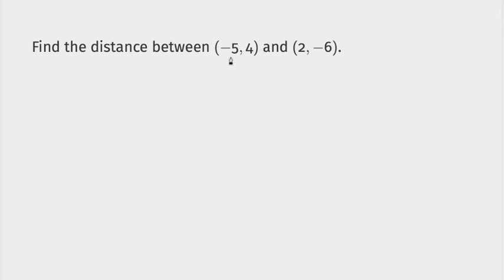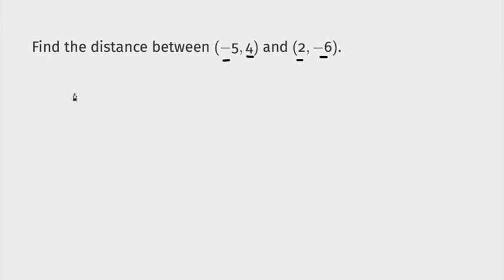We can still do this with or without the formula by considering the rise, so the difference between our y coordinates, the run, or the horizontal distance, the difference between our x coordinates, and then putting those into the Pythagorean theorem equation and solving for the hypotenuse of the right triangle that we could draw using these 2 points.